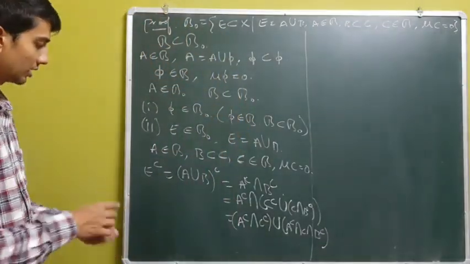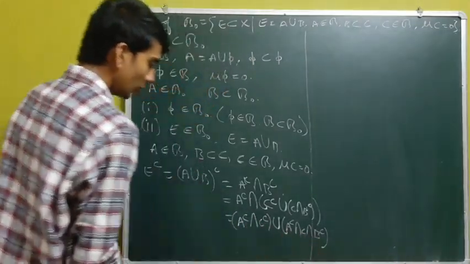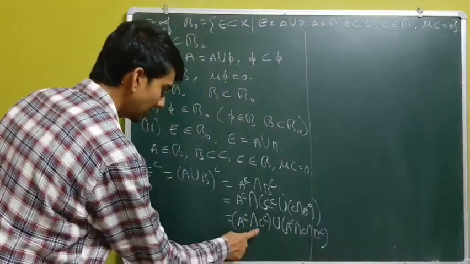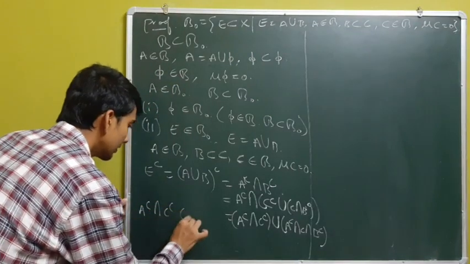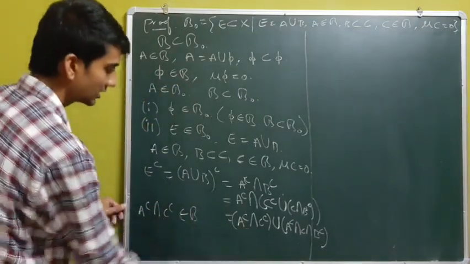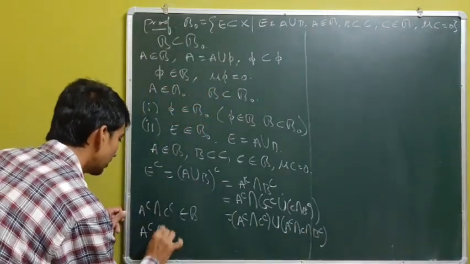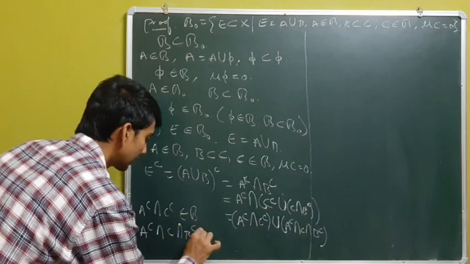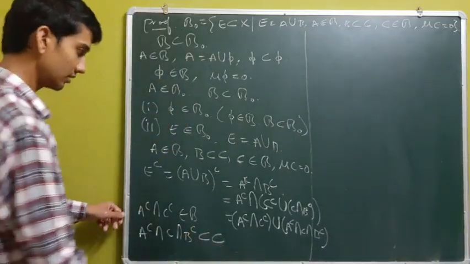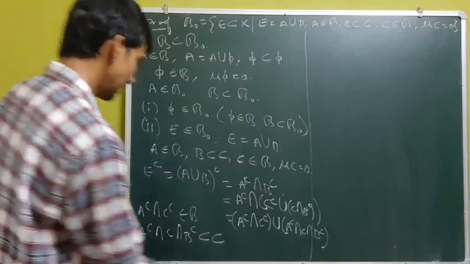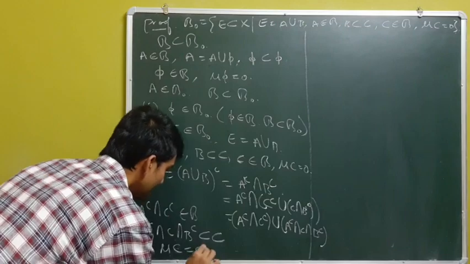So now I am able to express E complement as a union of two sets, where clearly the first set in the union is in B. Clearly this is a member of the collection, and the second set is contained in C. So A complement intersection C intersection B complement is contained in C, with the measure of C being 0.